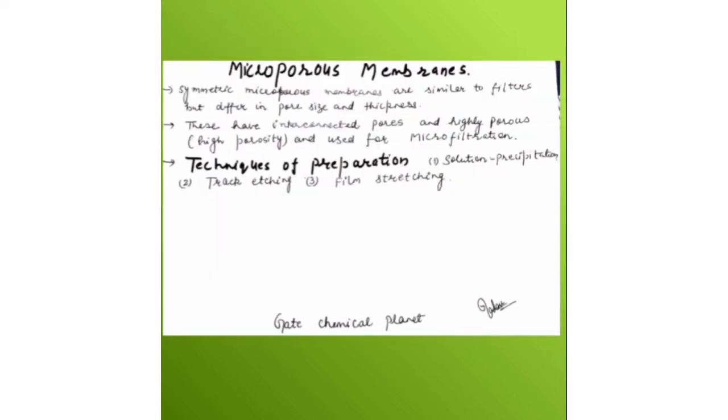Now we will come to microporous membranes. Symmetric microporous membranes are similar to conventional filters, but the difference is in pore size and thickness. So there is a difference between filters and microporous membrane in pore size and thickness.